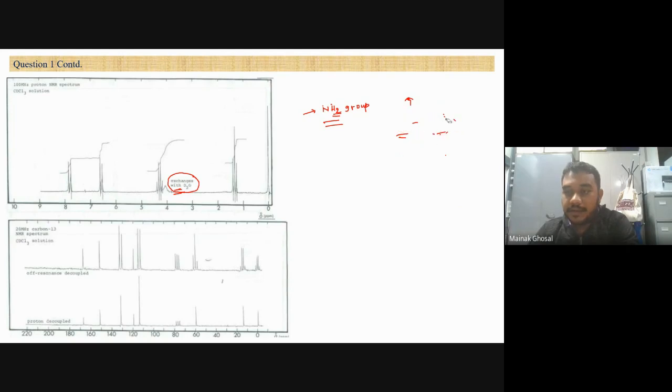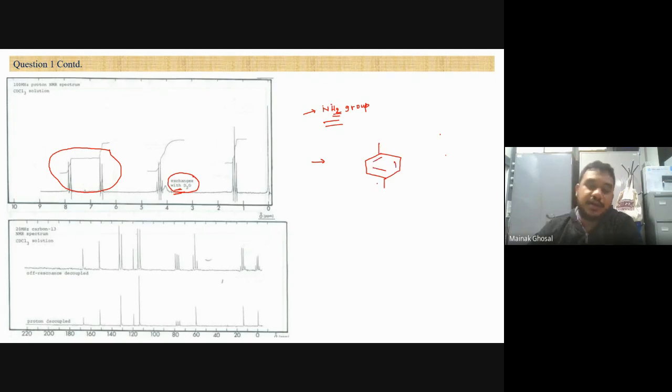Now one thing you see here is the AB quartet kind of pattern. This AB quartet clearly indicates a para disubstituted aromatic compound.